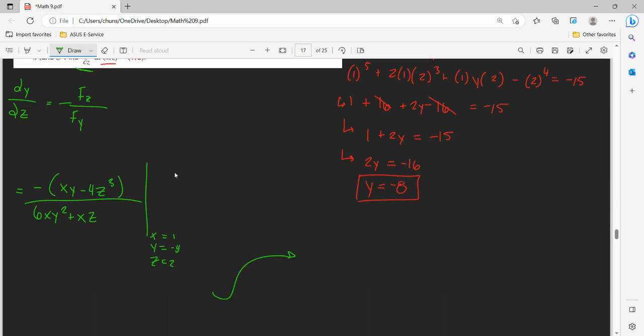So when we solve, this gives negative, so x times y is negative 8 minus 4, and our z is 2 cubed. And this is equal to 6 times 1, our y is negative 8 squared plus 1 times 2 is equal to, so we have negative 8 minus 4 times 2 cubed.